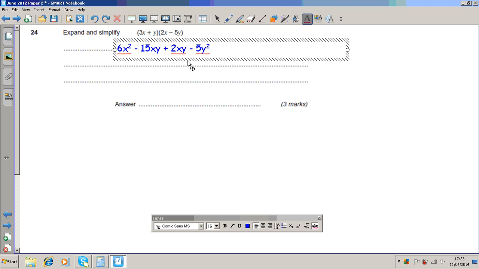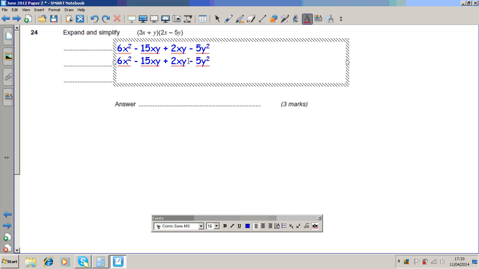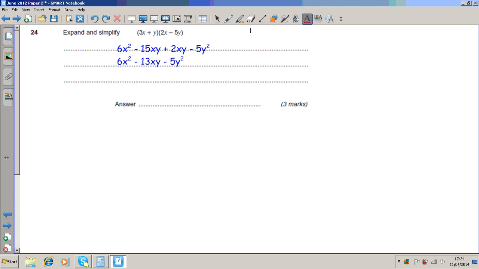The only thing we can now do is simplify it slightly. We've got 6x squared and none else, and minus 5y squared at the end and none else. The bit we can simplify is minus 15xy plus 2xy, or minus 15 plus 2 is minus 13. So it's minus 13xy will be your answer.